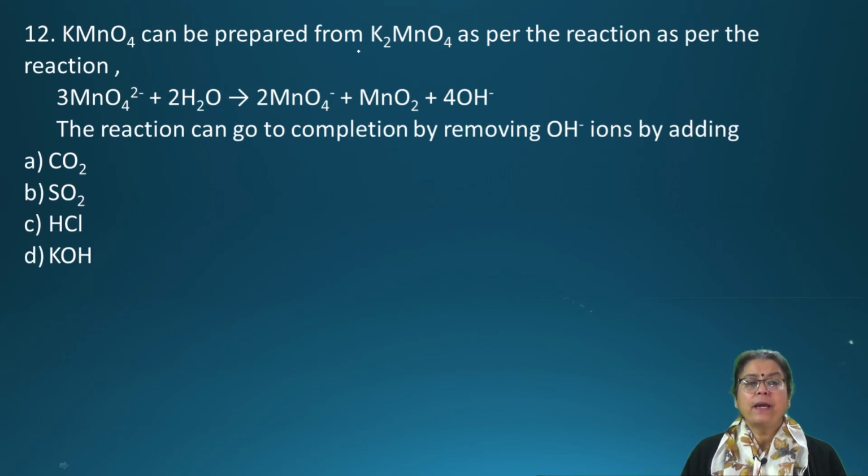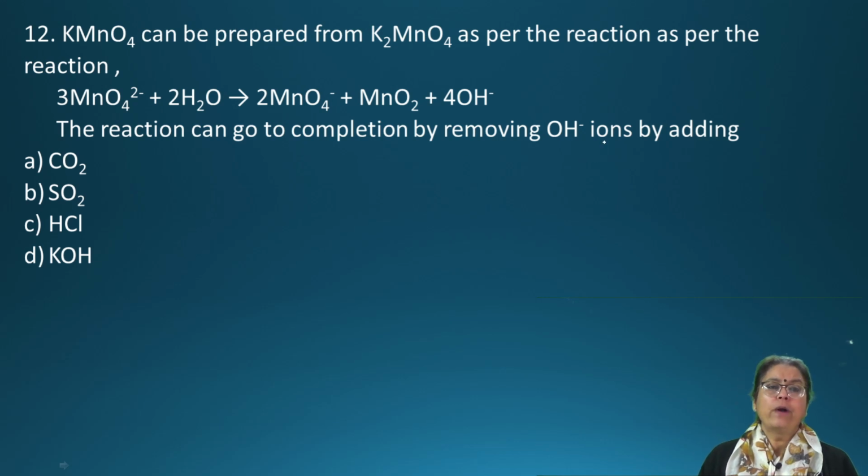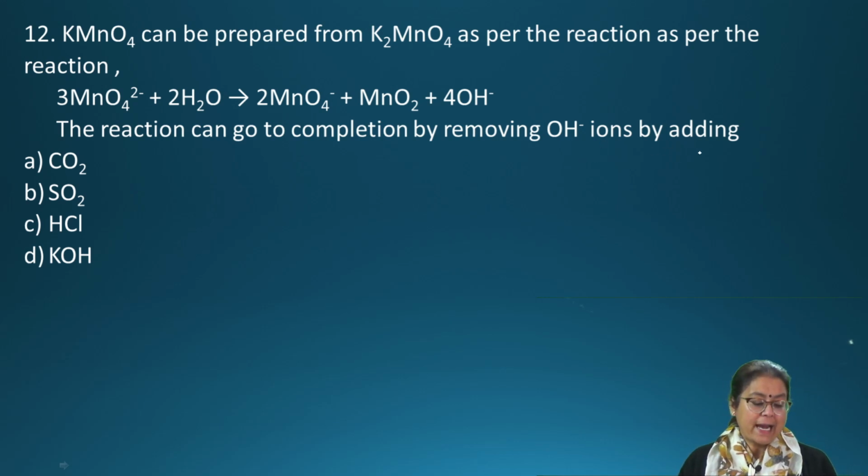KMnO4 can be prepared from K2MnO4 as per the reaction 3MnO4 2 negative plus 2H2O gives 2MnO4 negative plus MnO2 plus 4OH negative. The reaction goes to completion by removing OH negative ions by adding what?